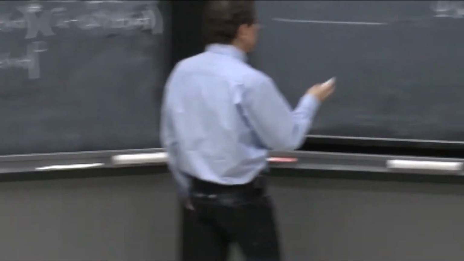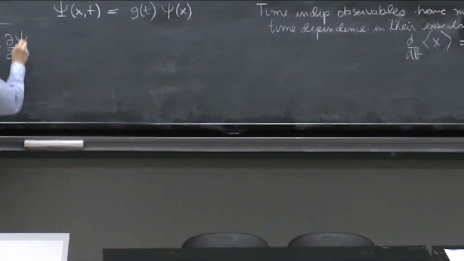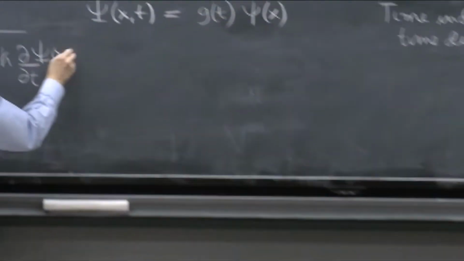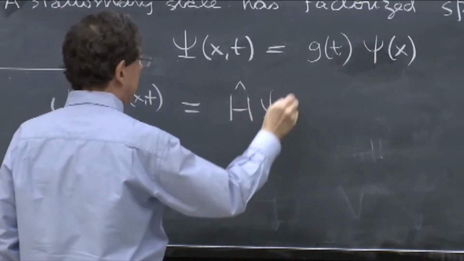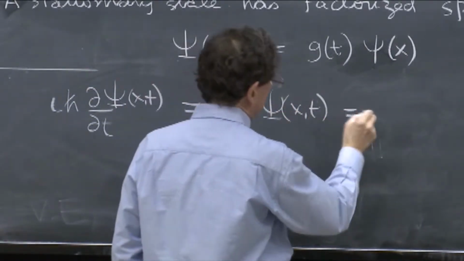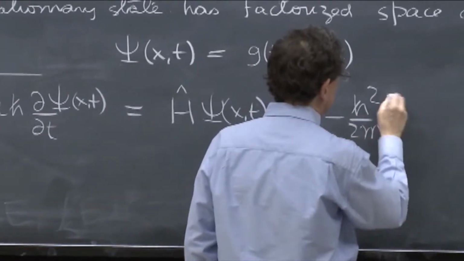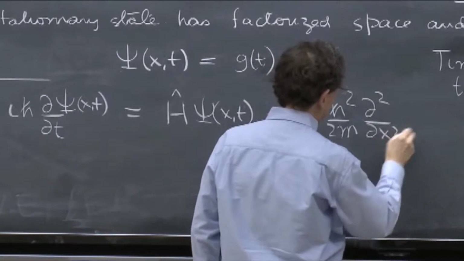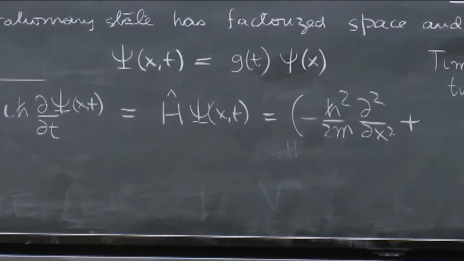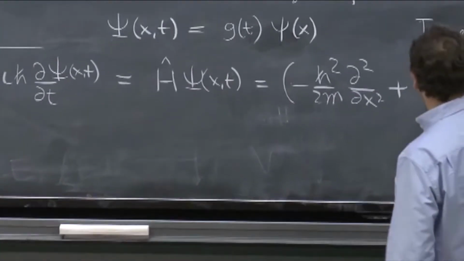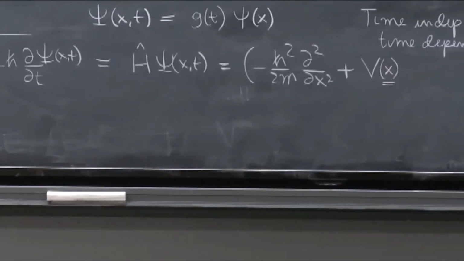So we look at the Schrödinger equation, i h bar d/dt of psi of x and t is equal to H hat psi of x and t, and just to remind, H hat is minus h bar squared over 2m d second dx squared plus V of x, times psi of x and t. I will consider states that have just that at this moment.